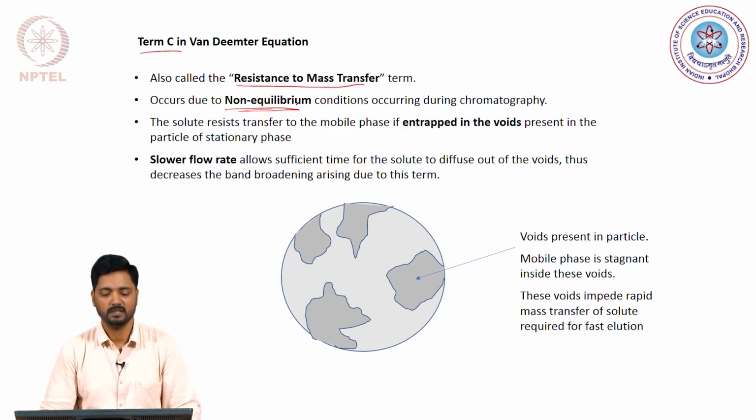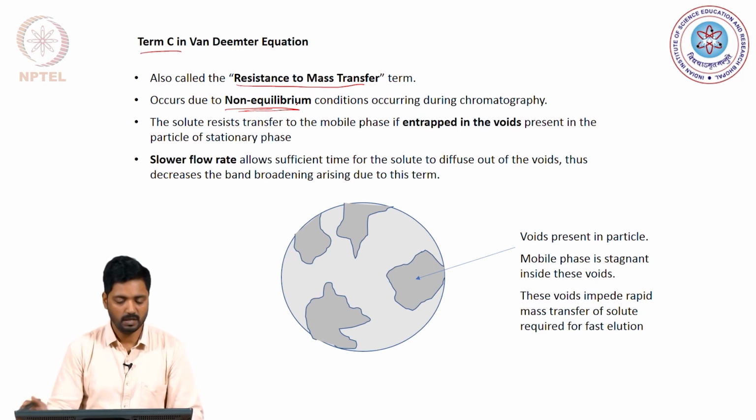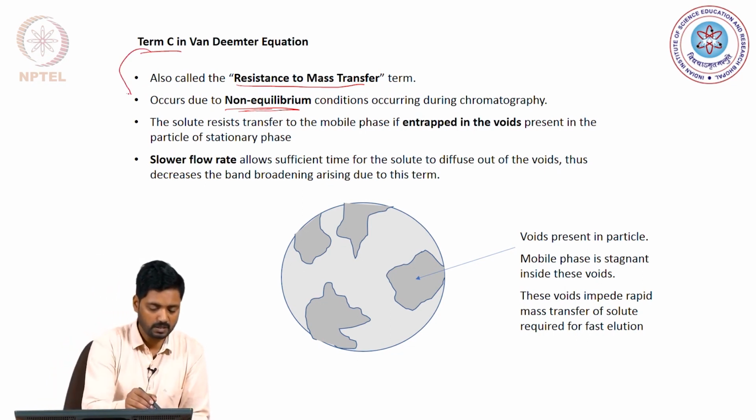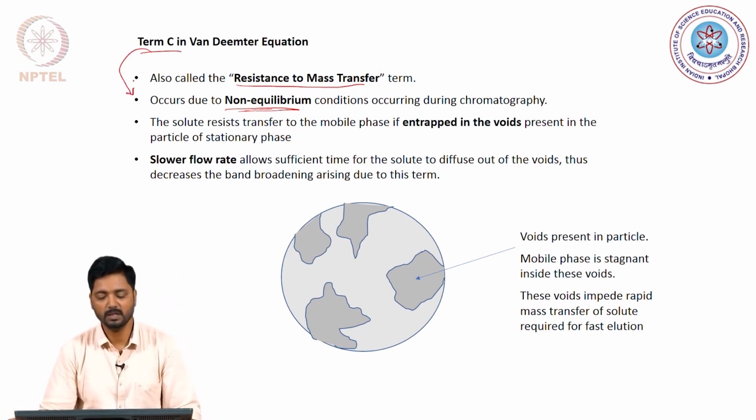Hence the term C in the Van Deemter equation, or the resistance to mass transfer term, occurs due to the non-equilibrium conditions during the chromatographic separation.